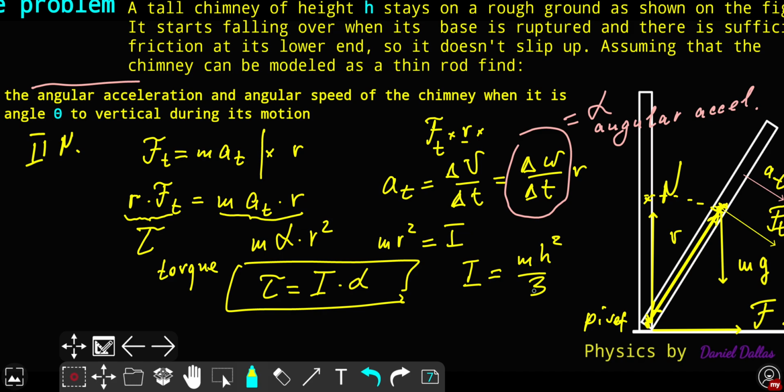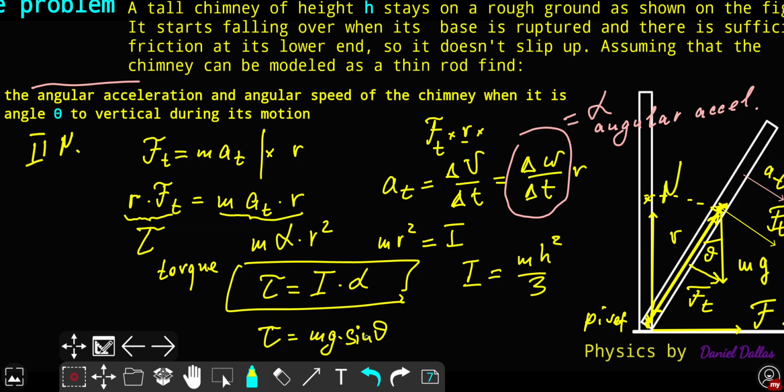And what about the torque? The torque is simply, in our case, the force, which is the gravity force mg, times, because we need to define tangential acceleration, we need the tangential component. If we consider this angle as theta, the tangential component of mg is going to be mg times sine of theta, okay?